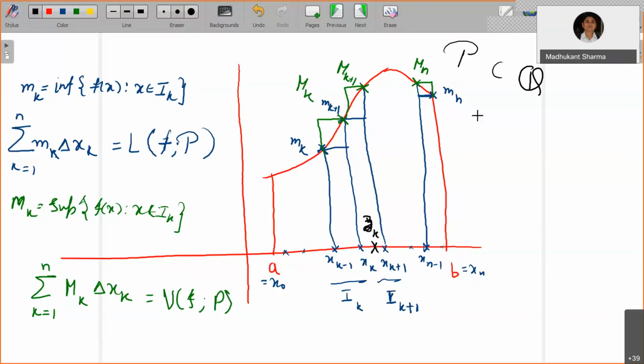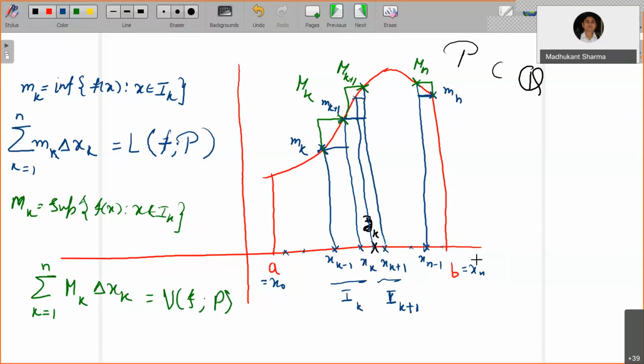So what will it impact on LFP, and what will it impact on UFP? Let's talk about LFP first. Now if you look at this zk and draw the parallel line here, in this interval the lowest height is this one, so this will be the rectangle. Now in this interval, zk to xk plus 1, this will be the lowest.